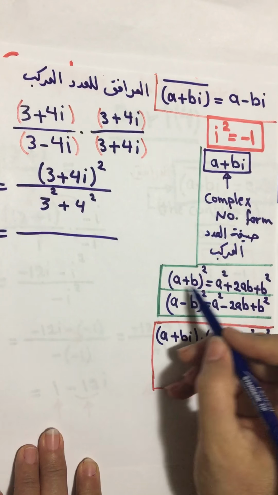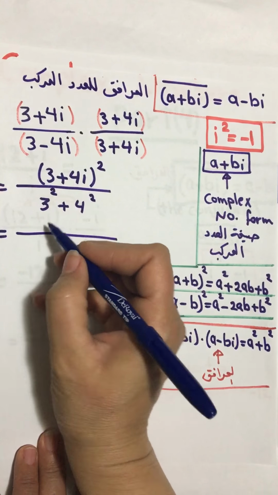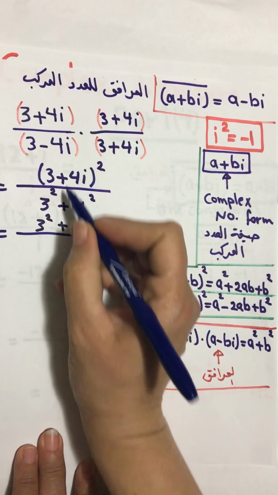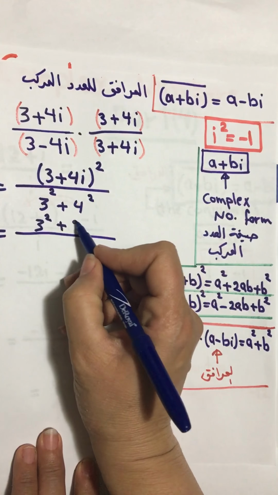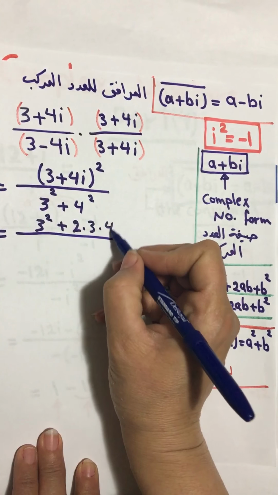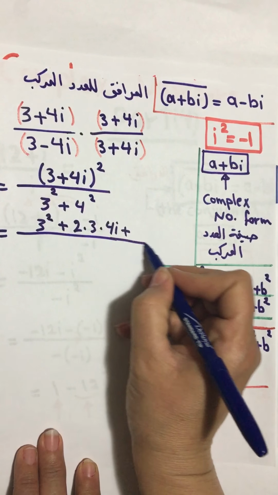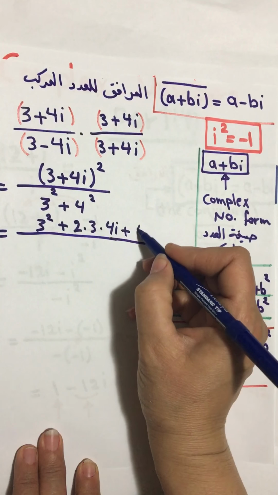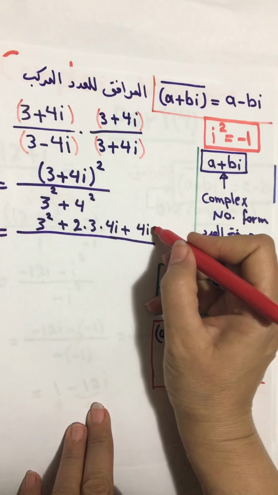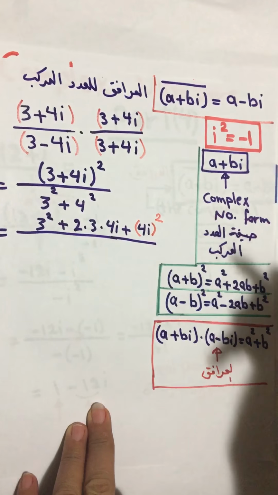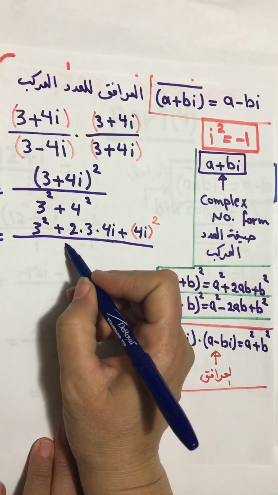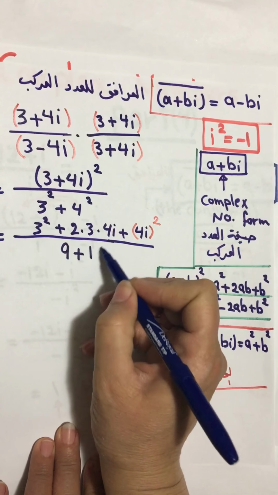So a squared means the first term squared, 3 squared, plus 2 times the first one, 3, times the second term, 4i, plus the second term squared, (4i) squared, and don't forget we have to write down the parentheses squared. And the bottom is going to be 9 plus 16.